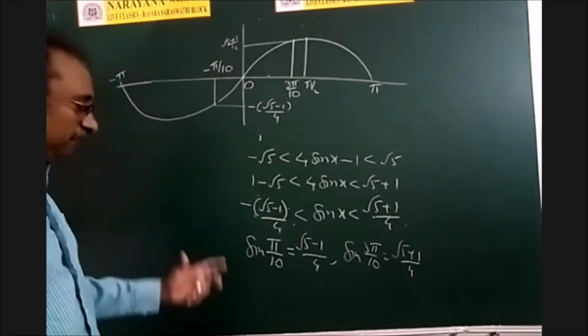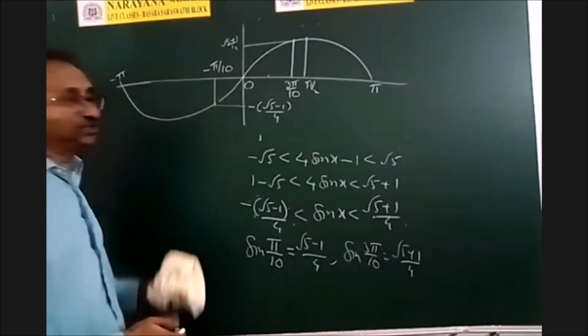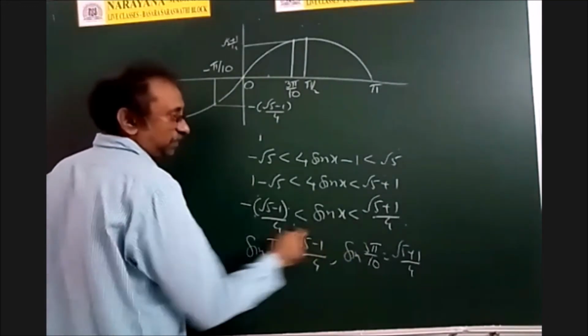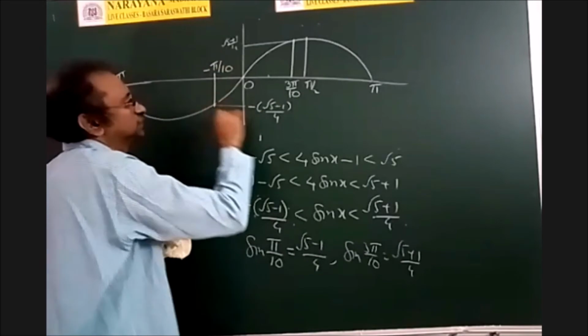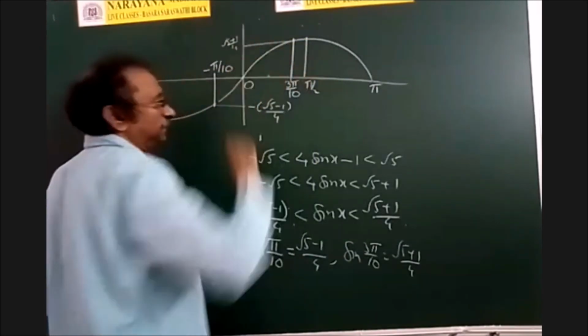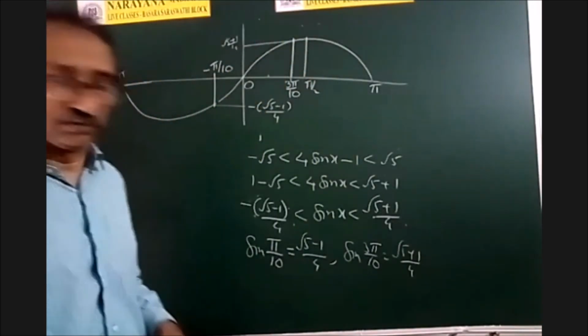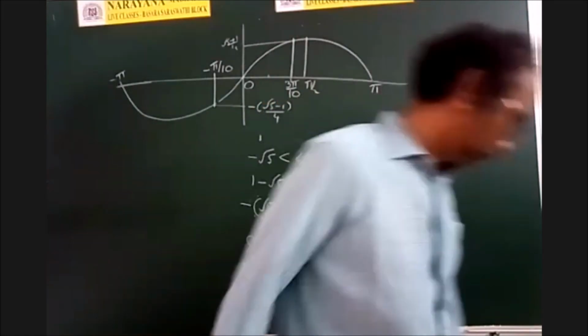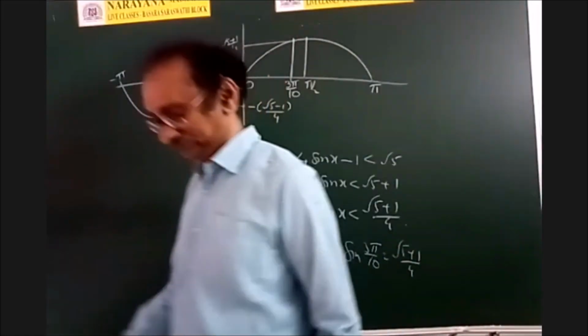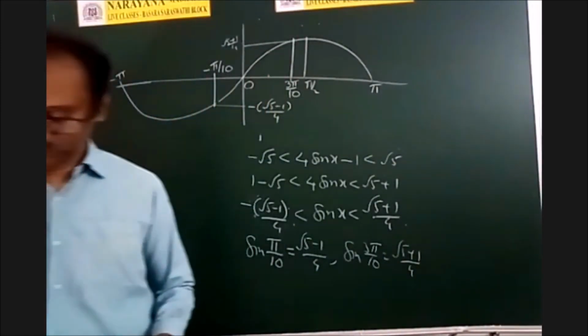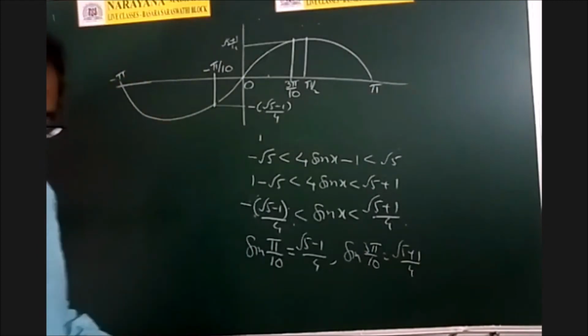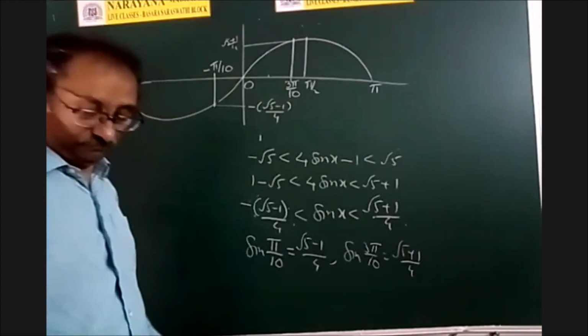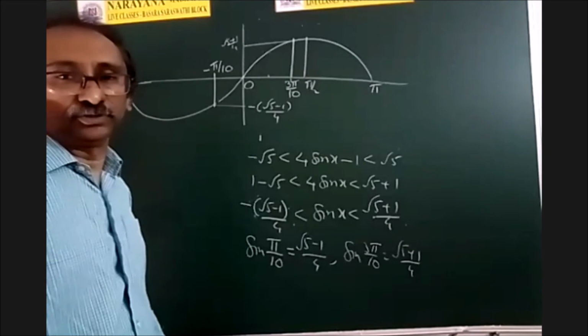And what is the range of x for which this inequality is satisfied? So minus pi by 10 to 3 pi by 10. So write down. So that is the first option.